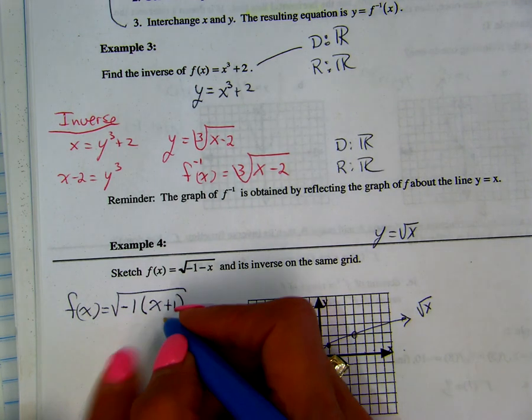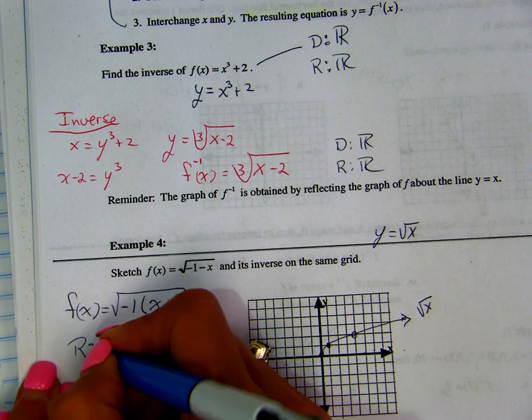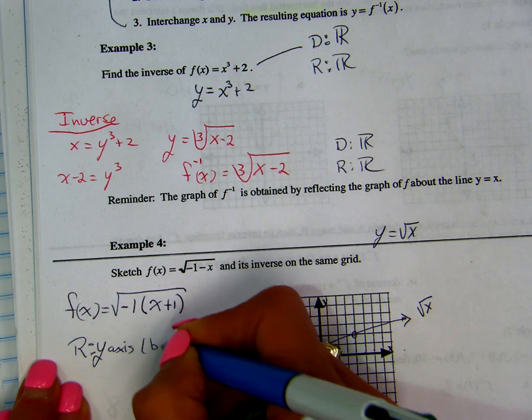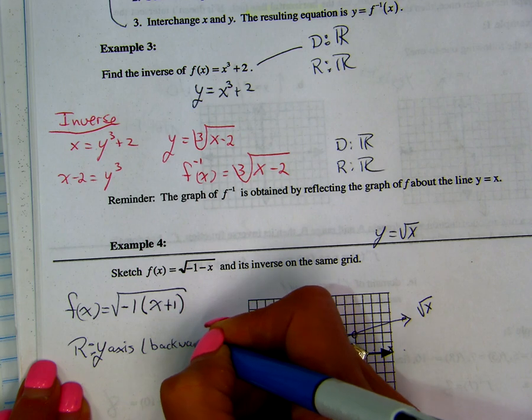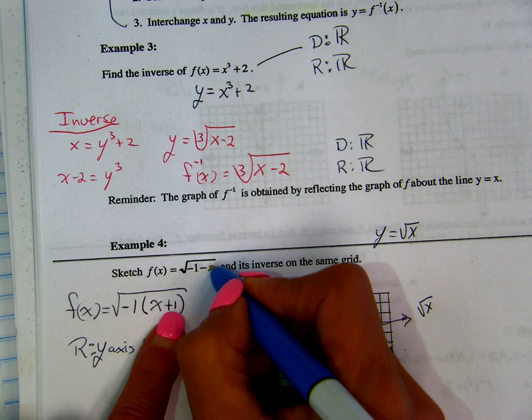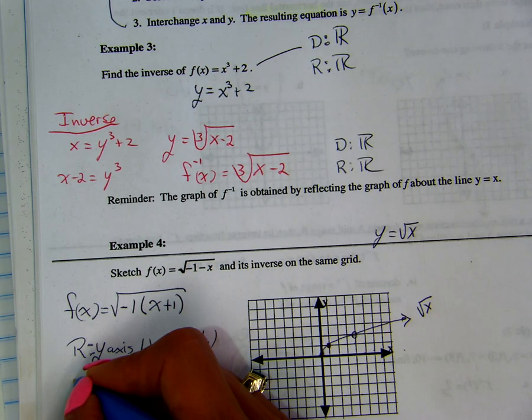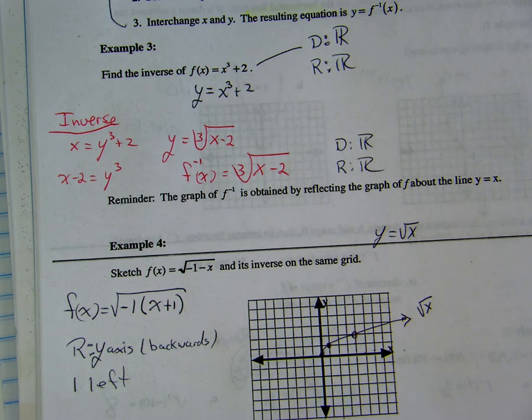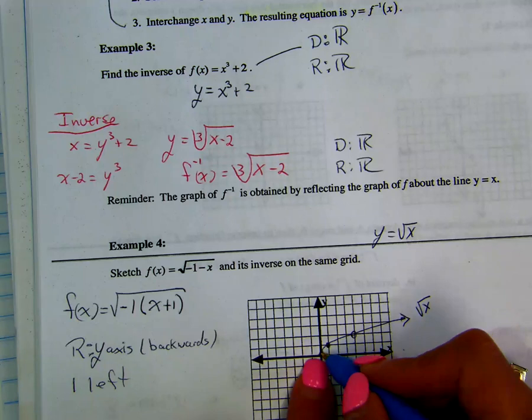Well, x goes to -x, meaning I've got a reflection in the y-axis, aka I'm flipping that backwards. And that +1, remember we had to factor out the leading coefficient, is saying that this moves 1 to the left. So I'm going to flip this backwards and move it 1 to the left.